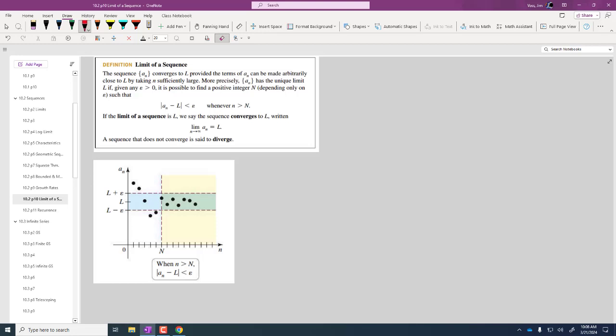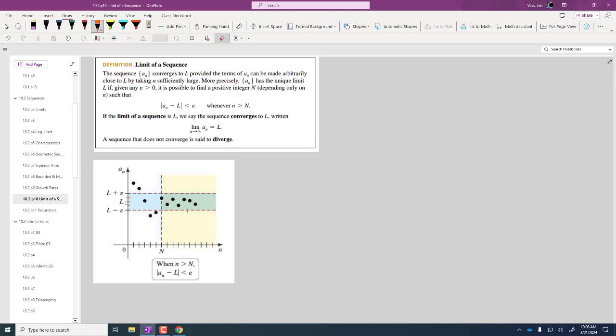For the limit to exist, it doesn't matter how small you make that tunnel. If you go far enough out in the sequence, eventually the rest of the sequence is bouncing around inside that little epsilon tunnel. So as we ratchet this epsilon smaller, it creates a smaller tunnel, and that means we're going to have to go further out in order for the rest of the sequence to be within that tunnel.